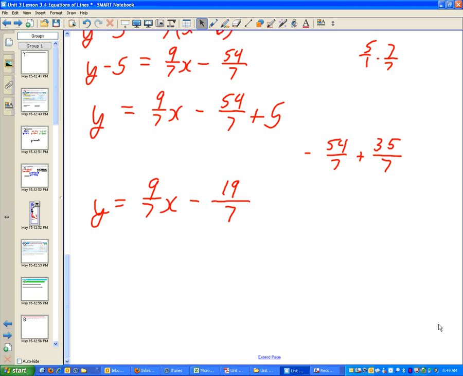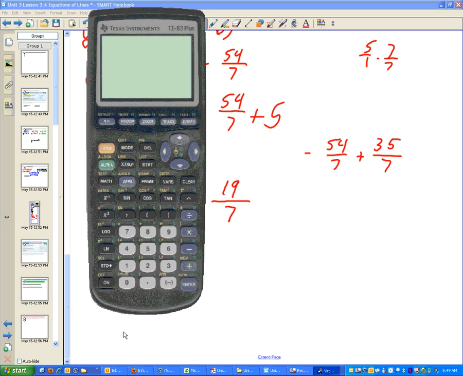All right, I'm probably going to regret showing you this. But if you have a graphing calculator or perhaps a graphing calculator app, it will do the same thing. If you do, parentheses, negative 54 divided by 7, close the parentheses, plus parentheses, 35 divided by 7, close the parentheses.